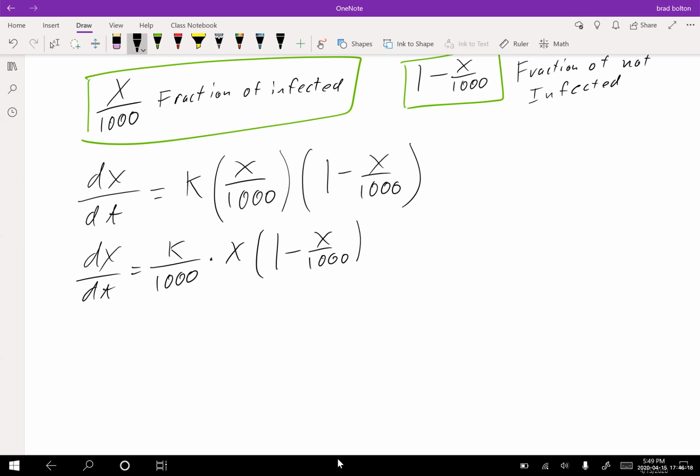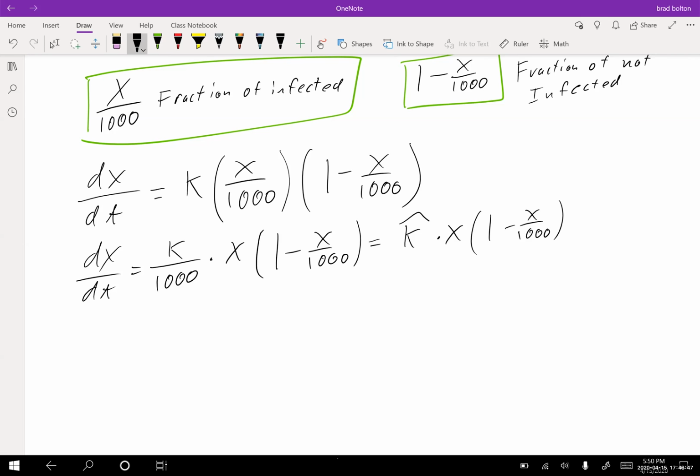Now the reason I did that is because I want to get this to be some new constant. I don't know what K is, and when you divide it by 1,000, it's just going to be some new K. So let's just call it K hat. So let's rewrite this as K hat times X, 1 minus X over 1,000. You know what?